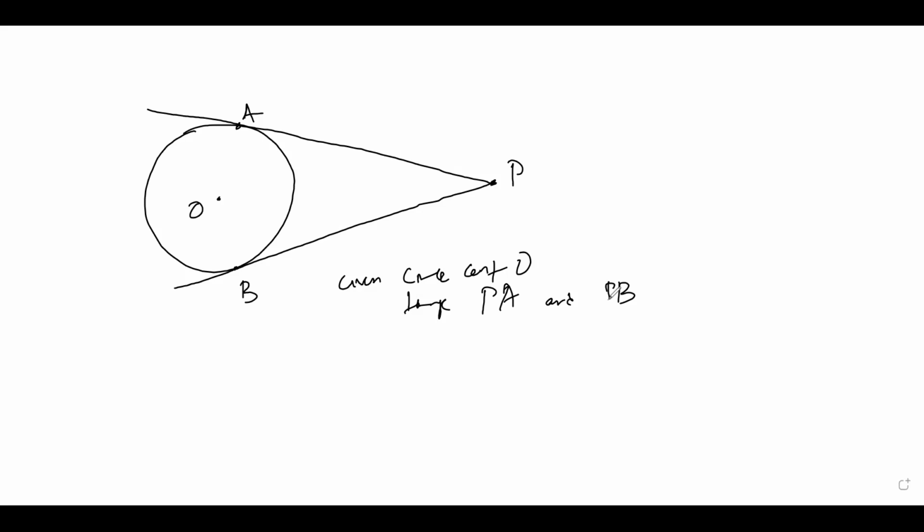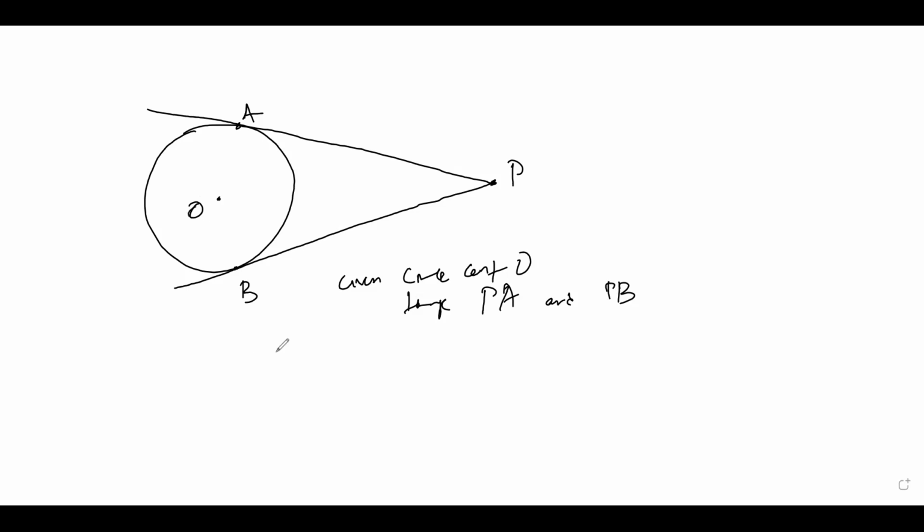The other one is from the tan-chord theorem: angle between a tangent and a chord is equal to the angle in the alternate segment. We're going to do that after this one. So there are three things. When they tell you tangent, look out first for a tangent and a radius. If there's a radius, we said a tangent is always perpendicular to a radius.